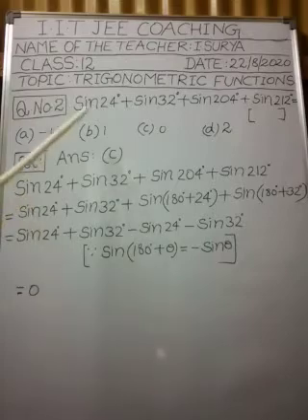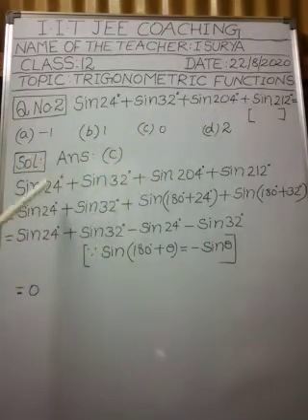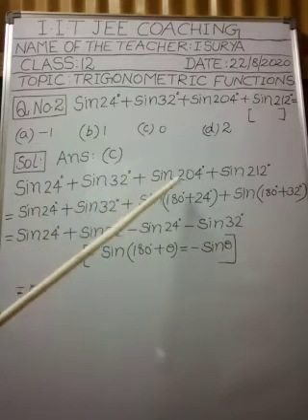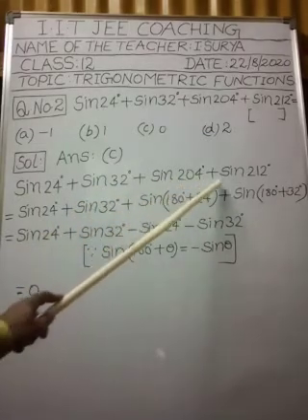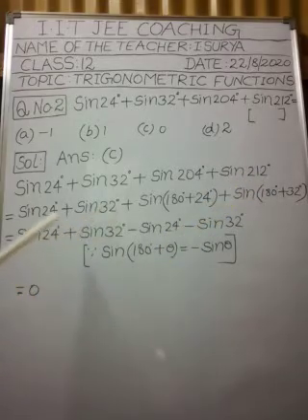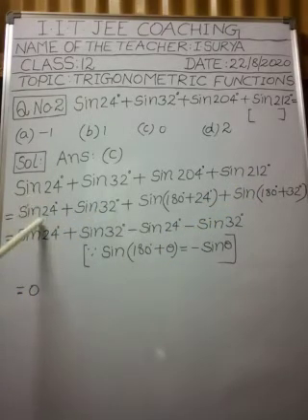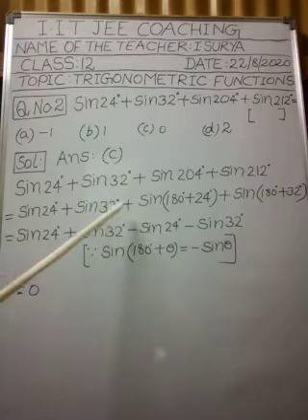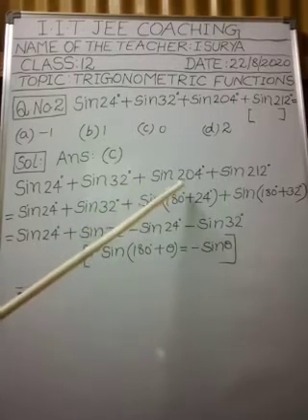Okay, my dear children? So I wrote the given expression as it is here: sin 24 degrees plus sin 32 degrees plus sin 204 degrees plus sin 212 degrees. I wrote the first term as it is, sin 24 degrees. Second term also I wrote as it is, sin 32 degrees. Third term I changed.